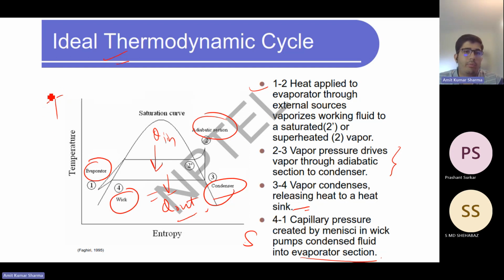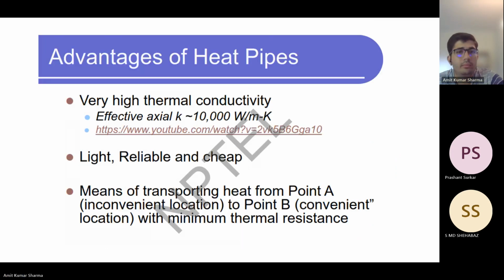So this is the concept for the ideal thermodynamic cycle. Now, what are the advantages of heat pipes? The advantage of heat pipes is very high thermal conductivity. The effective axial conductivity is around 10,000 watts per meter Kelvin.